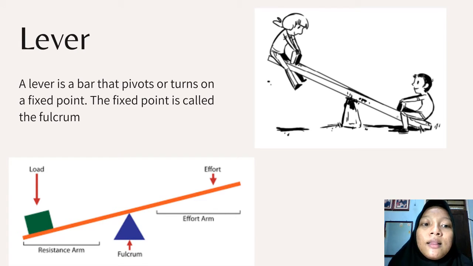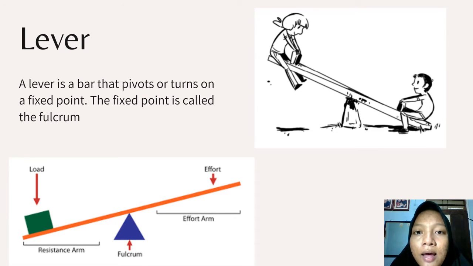Lever. A lever is a bar that pivots or turns on a fixed point. The fixed point is called a fulcrum. As we can see, this is the structure picture of a lever. There's a resistance arm, the fulcrum in the middle, the effort arm, and this is the effort point of the lever.